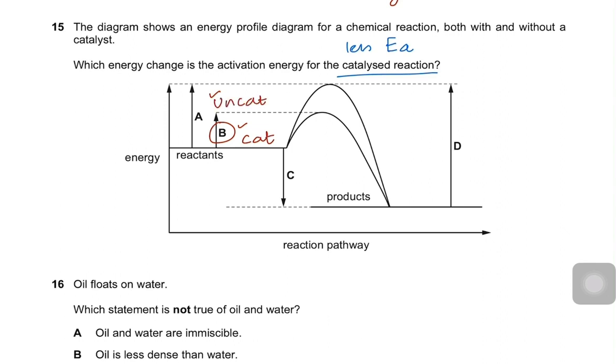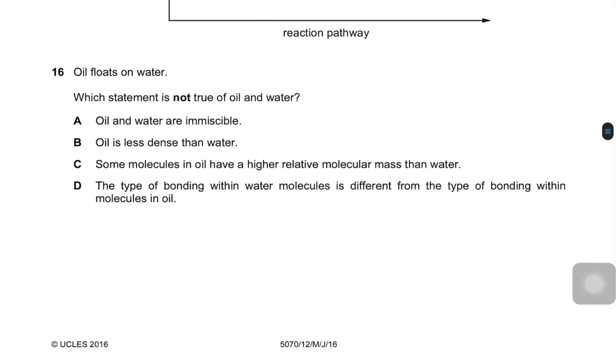So B for ball is the right answer. C represents the enthalpy of the reaction, and D represents the activation energy of the reverse reaction. Often people say that D doesn't represent anything. That's not true. It represents the activation energy of the reverse reaction.